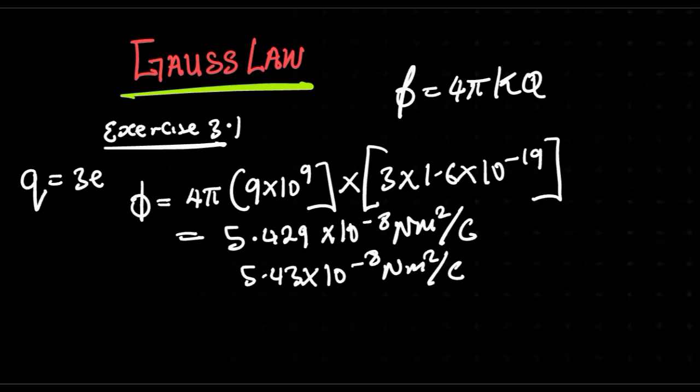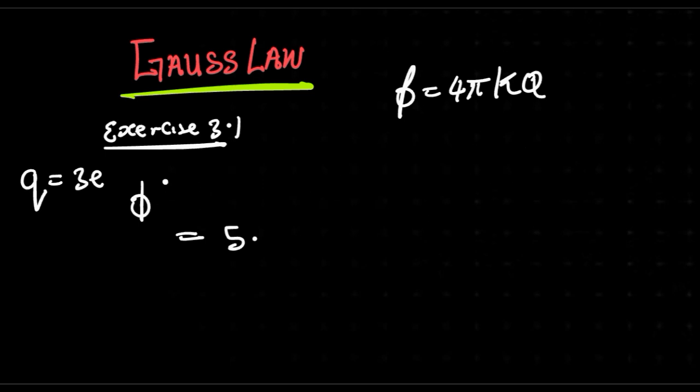Now let's go to exercise 2. In exercise 2, what does it say here? A point charge Q of 5.0 microcoulomb is surrounded by a sphere.